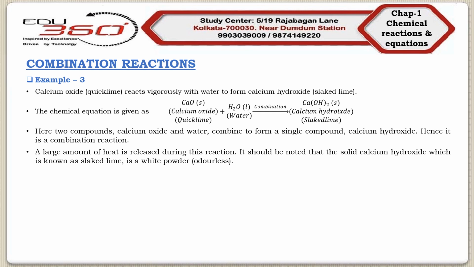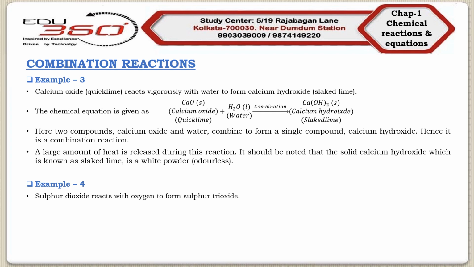Now in our next example, we will consider the combination of a compound and an element. We will consider the combination of sulfur dioxide, which is a compound, and oxygen, which is an element. Sulfur dioxide reacts with oxygen to form sulfur trioxide.